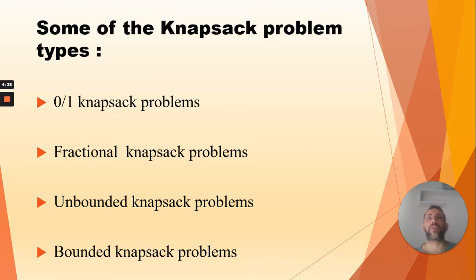That means we cannot break down this item, so every item either is taken or is left. This is the main difference between the 0-1 knapsack problem and the fractional knapsack problem. In the fractional knapsack problem, every item can be divisible. We can take a part of every item.